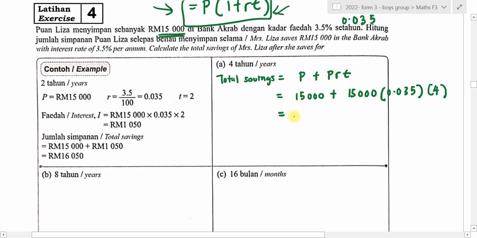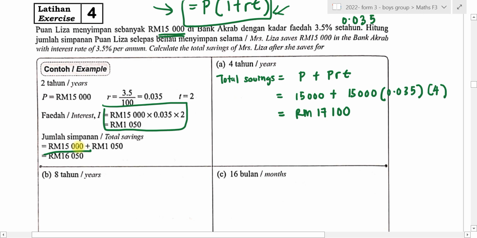Let me see. Yes, 17,100. It means she invested 15,000 and she gets 17,100. That means the interest itself is 2,100. Some people find the interest first, like in this example. They find the interest, then add it back to the principal. Understand? It's the same thing.